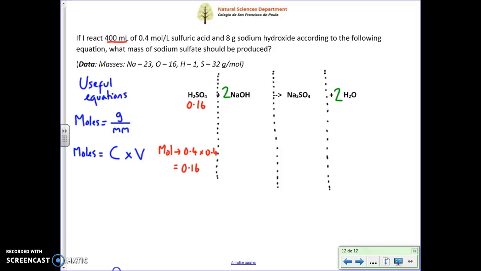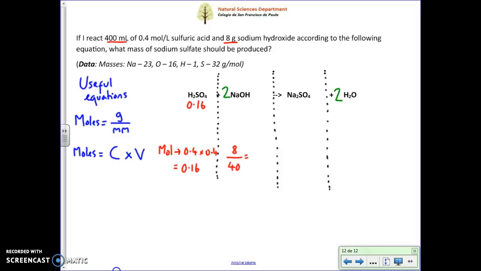Right, what about my sodium hydroxide? I've been given some information. I've got 8 grams of sodium hydroxide. So now I need to use mass and the molecular mass. So I need to do the mass in grams, which is 8, divided by the molecular mass of sodium hydroxide. What is it? 23 plus 1 plus 16 is 40.